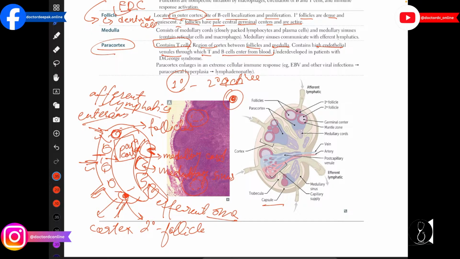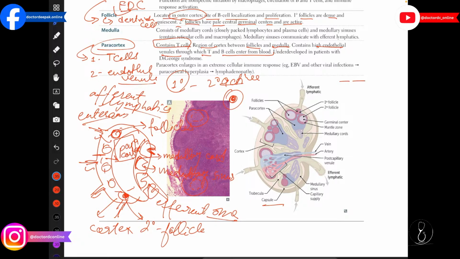It has two important structures: T cells, and high endothelial venules. What is the function of those venules? They give a path for the entrance of B cells and T cells from your bloodstream.